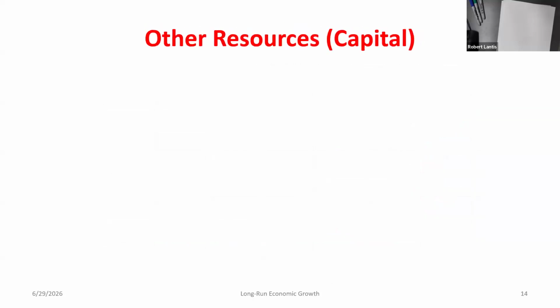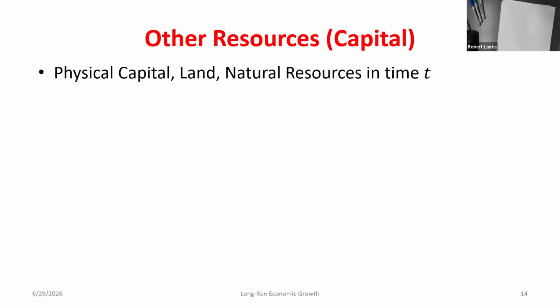So what are these other resources? Well, we're just going to focus on capital for this class. It could be land, natural resources or raw materials. We're just going to focus on physical capital since it's investments into machinery, production facilities, or new technologies. Okay.